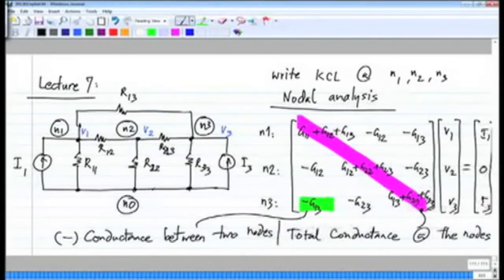Okay, so that's all that's there to it, and we get a nice symmetric matrix.